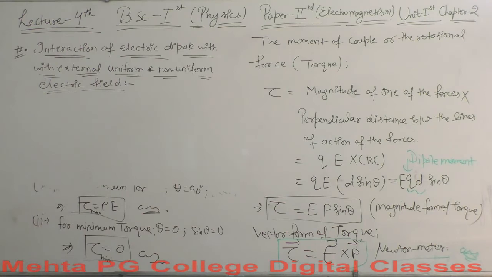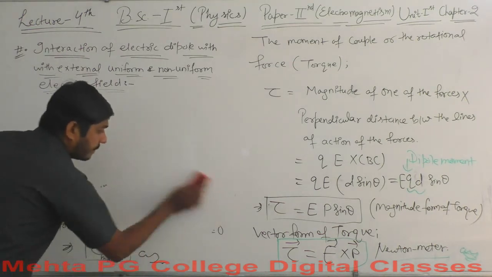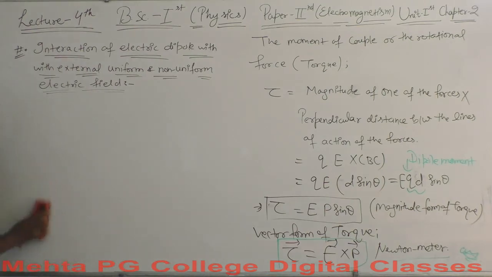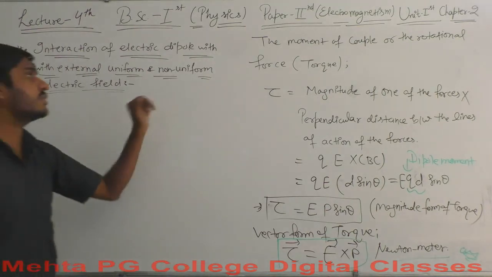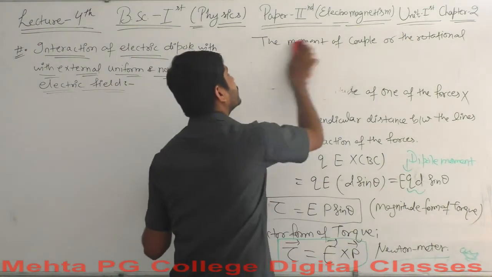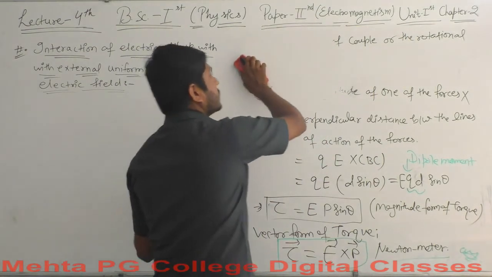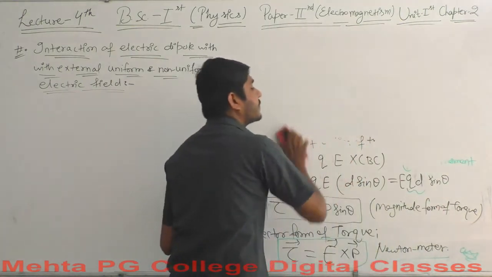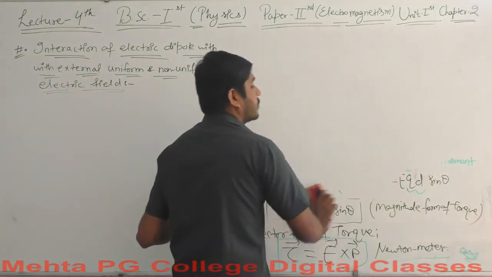So let's calculate it also. But before going to the non-uniform field, first I think we should discuss the potential value. Yes, we should also calculate the potential for this dipole within this uniform electric field, and then we will proceed to the non-uniform electric field.